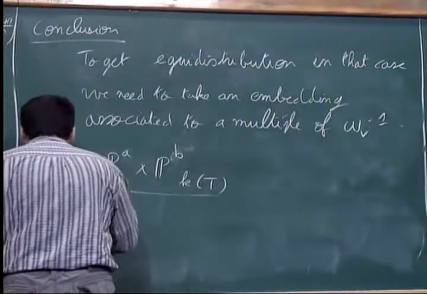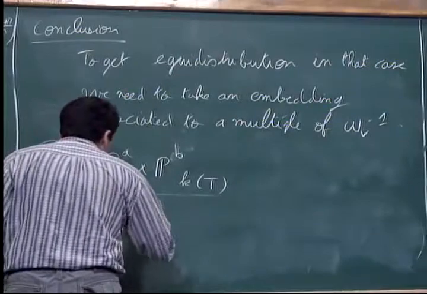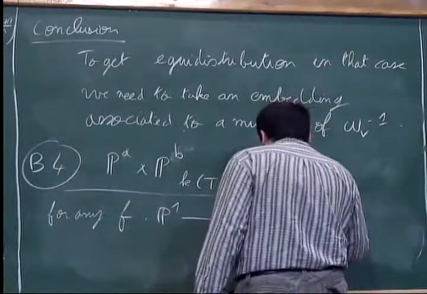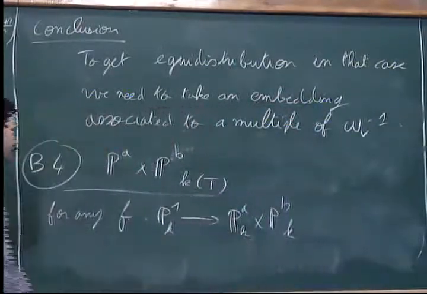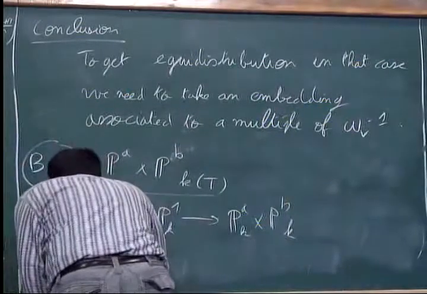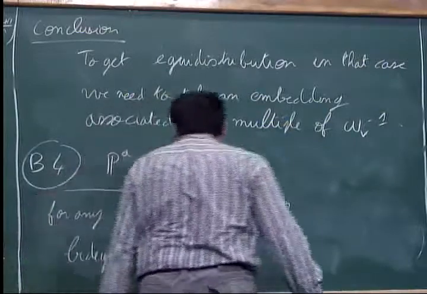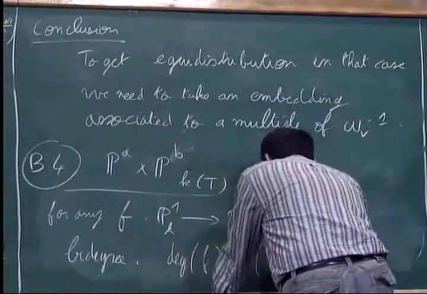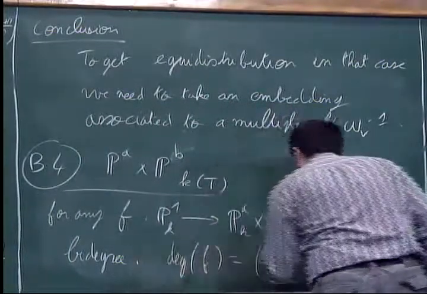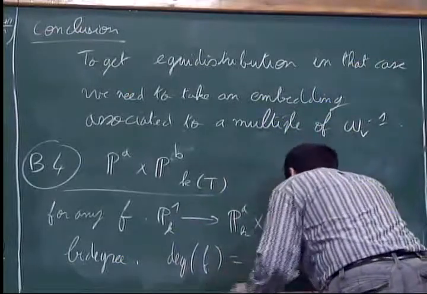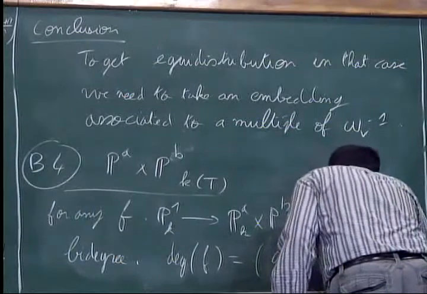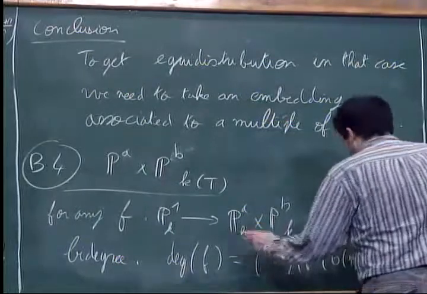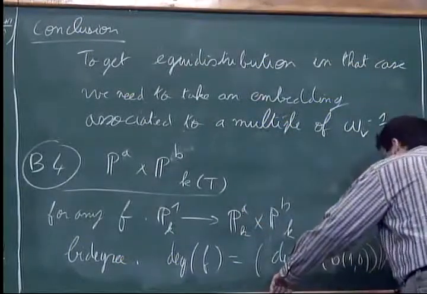So if you have any morphism f from P1 to P^a times P^b over K, well, you have a B degree, which is, let's say the degree of f is given by the degree of the pullback of the vector bundle corresponding to the first factor, and then the degree of the second one.